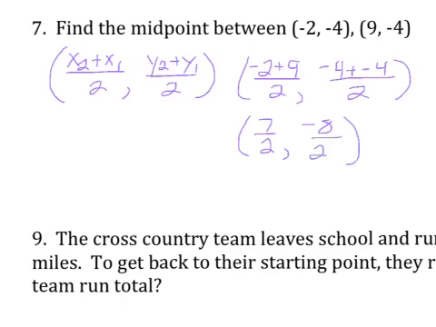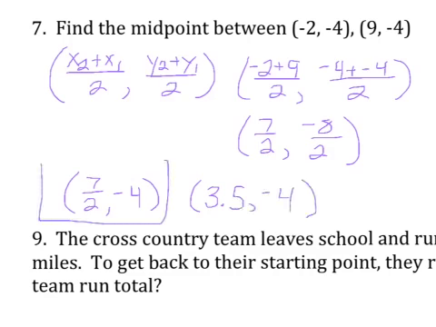So the final answer could either be 7/2, -4, or if you had it as a decimal, we would have 3.5, -4. Either of these answers could be a possibility because the test is multiple choice.